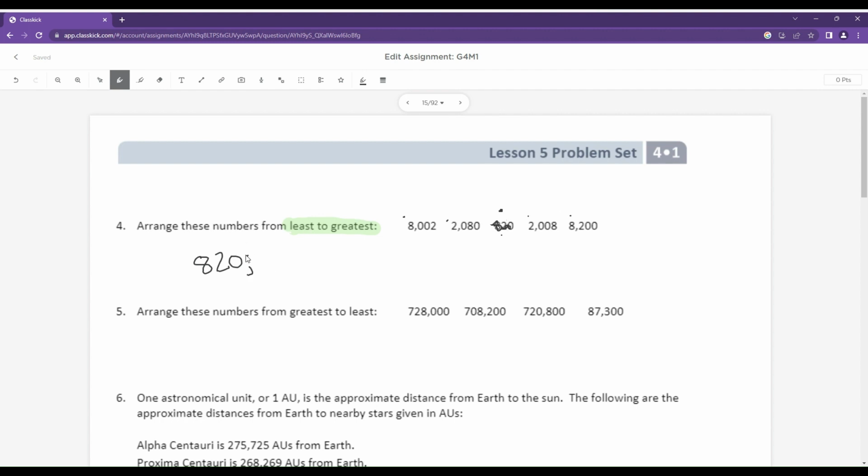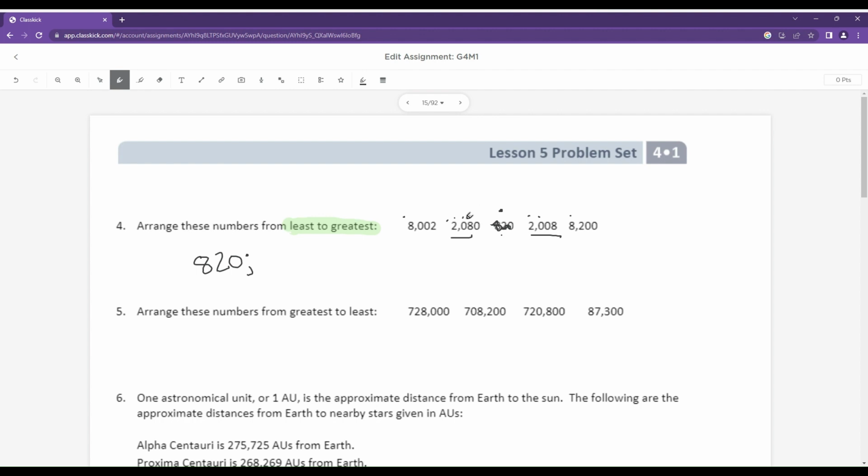Cross that out. Now I'm looking at 4 numbers that have at least some amount of thousands. 8,000, 2,000s, 2,000s, 8,000. So I'm focused in on these two right now because 2,000s is less than 8,000s. So can't really tell which one is larger from looking at the thousands place, so I need to jump over and look at the hundreds. But I noticed that in both of these numbers, there's 2,000s, 0 hundreds.